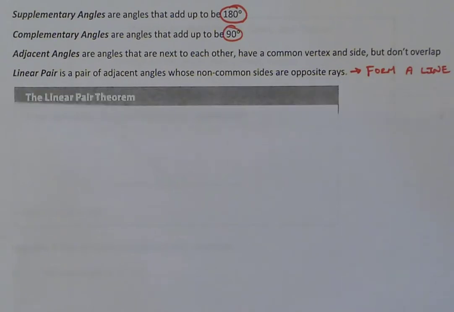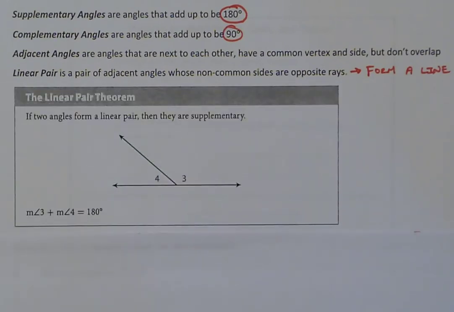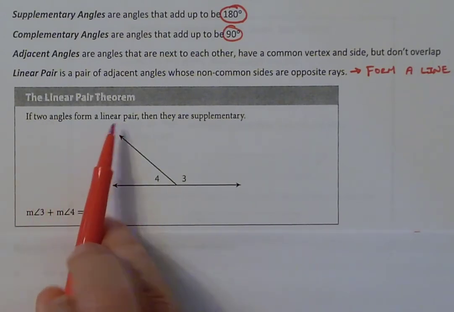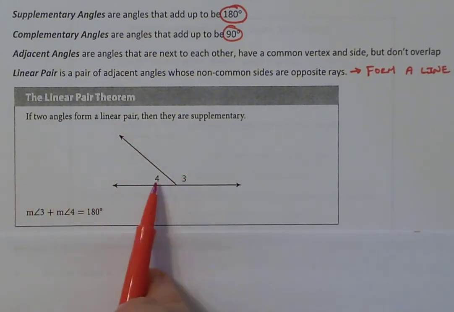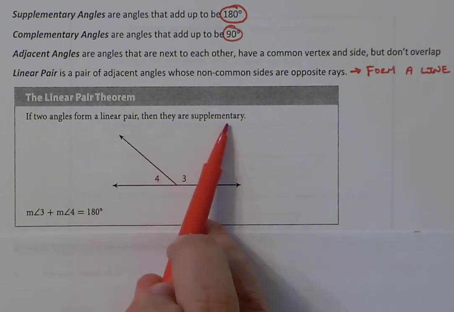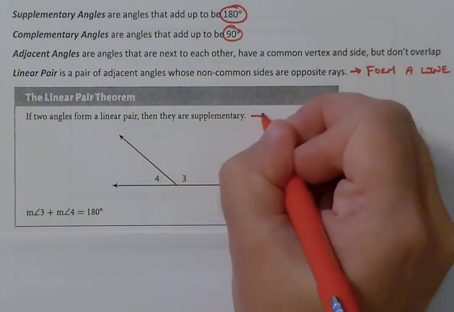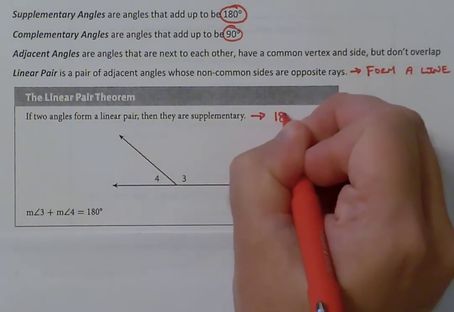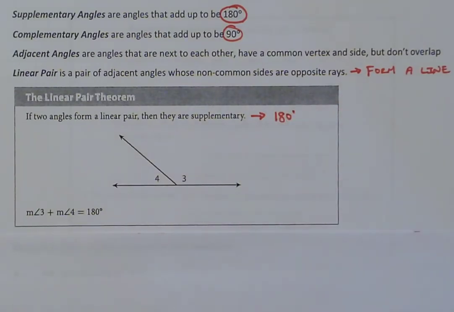All right, now let's talk about a theorem. The linear pair theorem states if two angles form a linear pair, so angles 3 and 4 form a linear pair, that means they form a straight line here, just like this. And then that means they are supplementary, which, as we talked about above, means they add up to be 180 degrees.